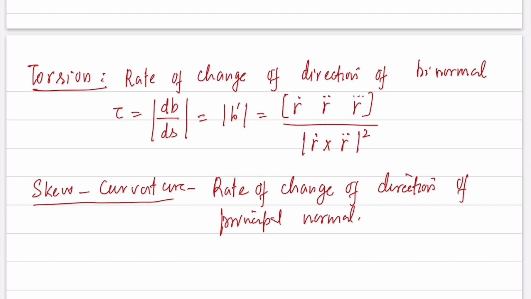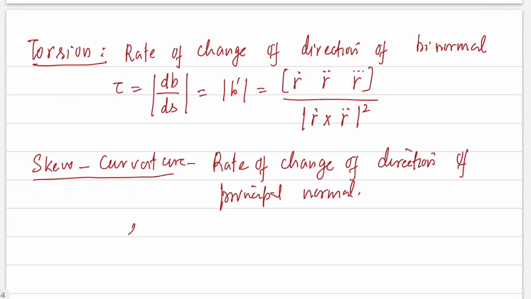It is denoted by S, and defined as the square root of kappa square plus tau square. So using the curvature and the torsion, we can easily compute the skew curvature, or we can also express this as S square is equal to kappa square plus tau square.